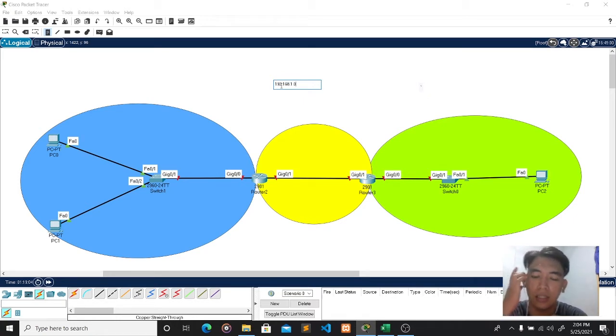Since it is class C, assuming that it is a /24 subnet mask, the subnet mask is 255.255.255.0. So now we'll try to subnet these three networks.